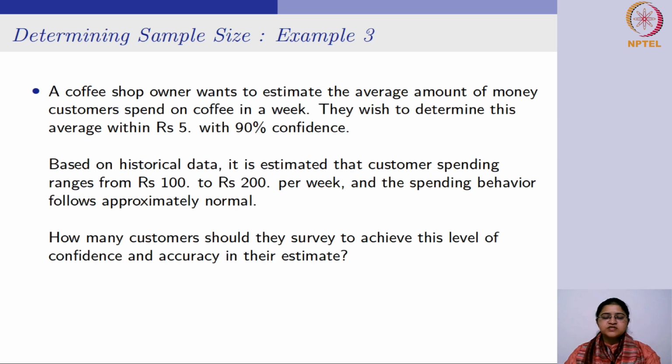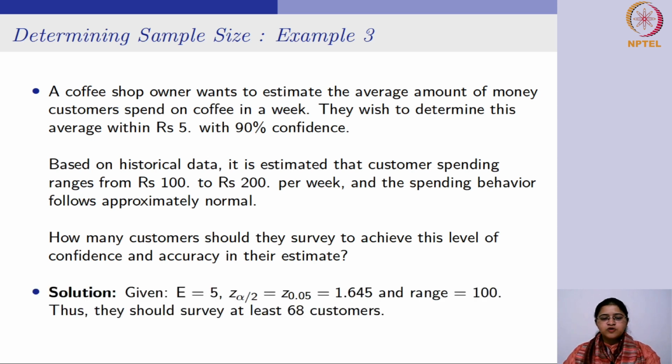Now the question comes is that how many customers should he sample? So for that, what is given to us? Let us first see. In this problem, E is given to you as 5 over here, because that is within 5 rupees. Z alpha by 2, that is 0.05 over here, that would be 1.645, because 1 minus alpha is 0.90.